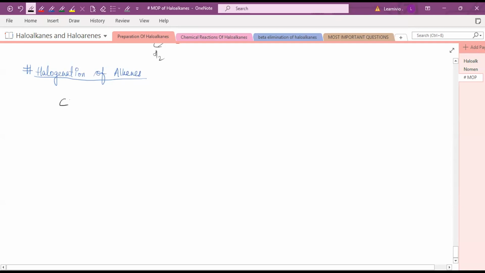Suppose I take ethene. So this is ethene. On treating the alkene with a halogen, suppose X2, a dihalogen, it will form your vicinal dihalide.